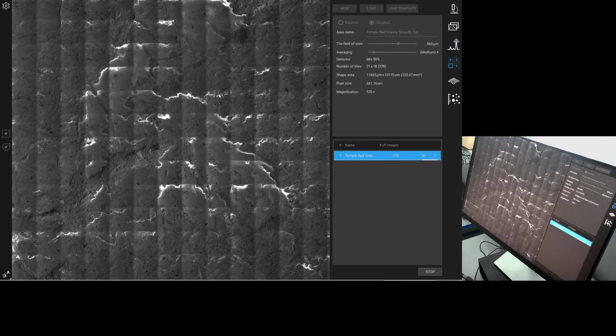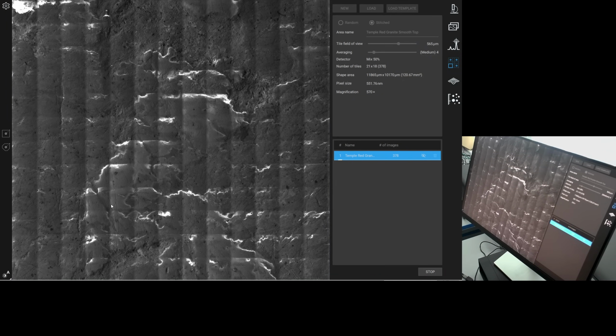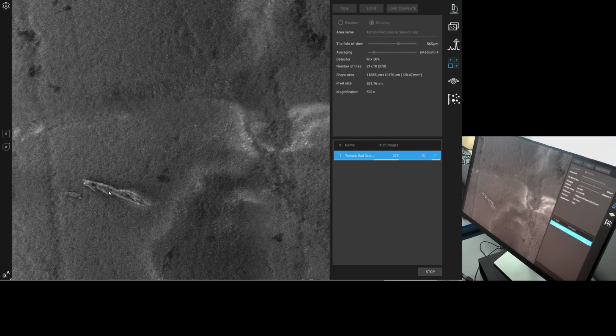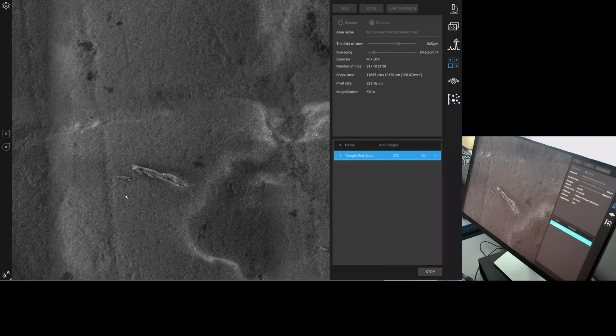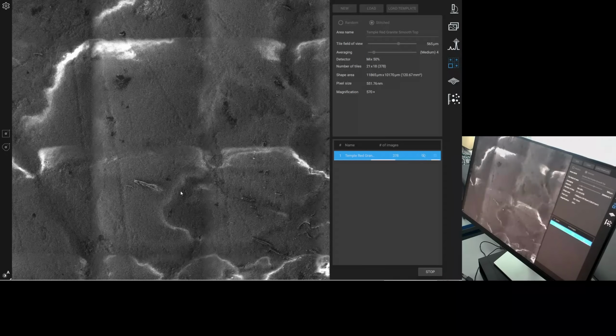There's also these kind of gouges here. There's another one here. Look at this. Interesting. Okay. I think we probably want to have a look at these. See if these are organic.